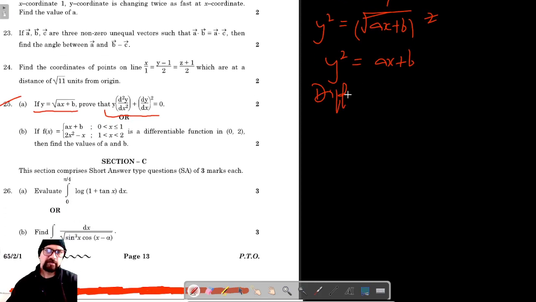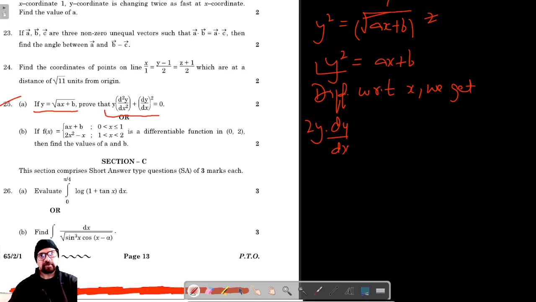Let's differentiate this with respect to x. Differentiation of y square is 2y into dy by dx, and for ax plus b, a and b are constants, so a stays and differentiation of x is 1.